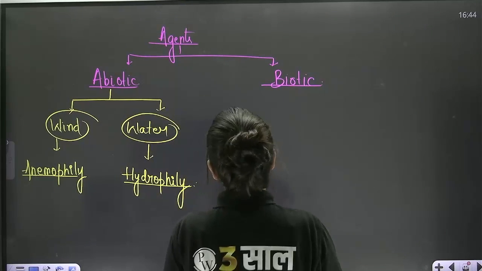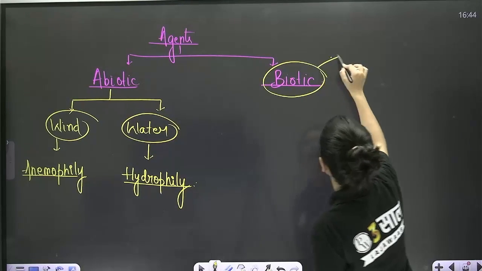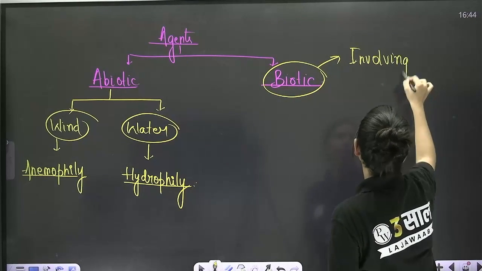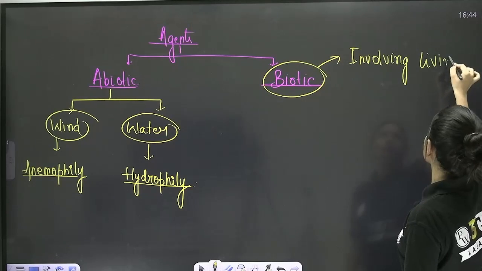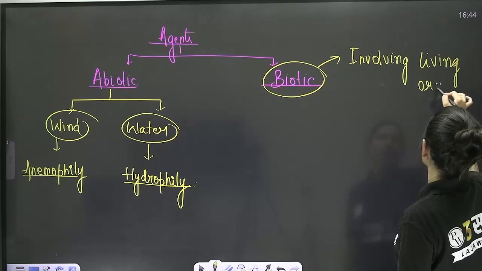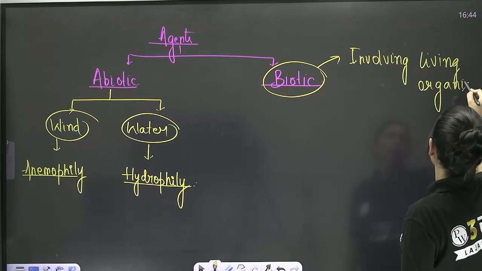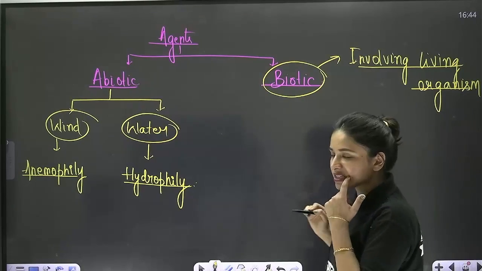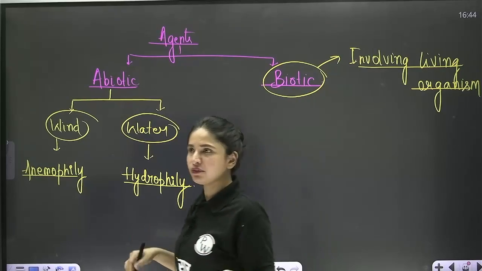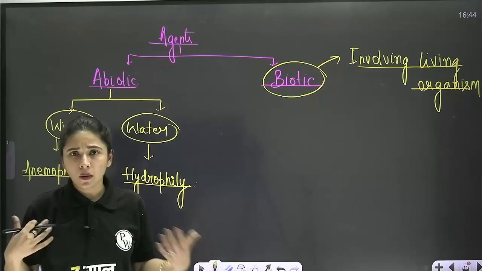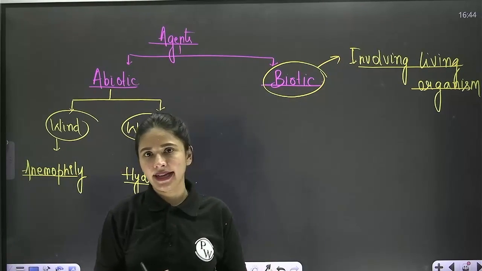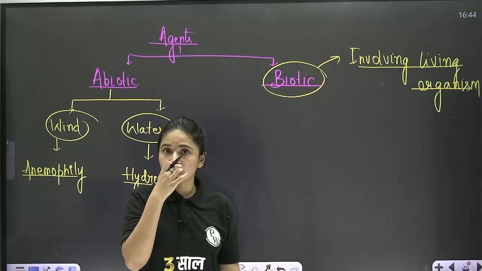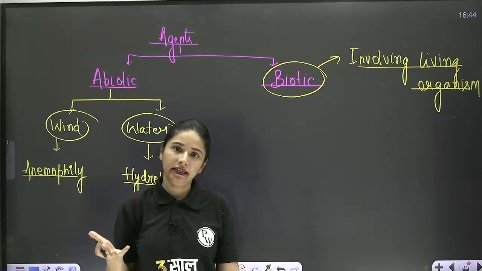Okay, very good. Now, biotic means, beta, involving living organisms. So when we involve living organisms, for example insects, bats, ants, elephants, lizards, snakes, all these animals, when they help in the transfer of pollen grain, then that is known as biotic pollination.